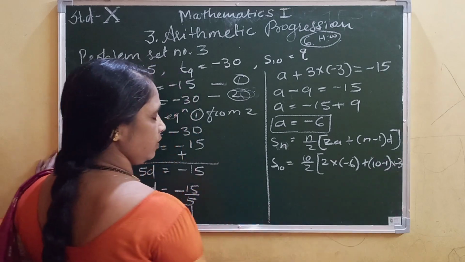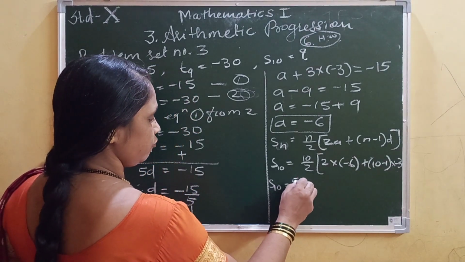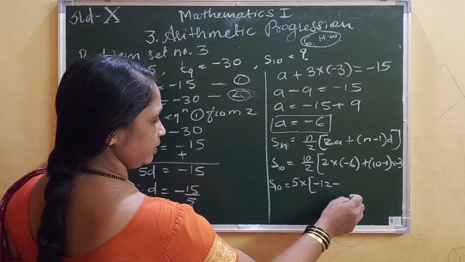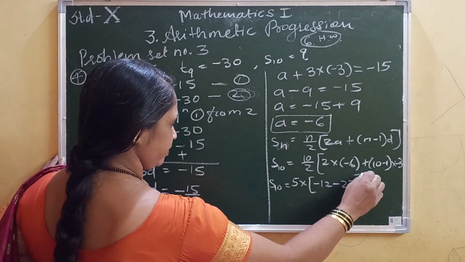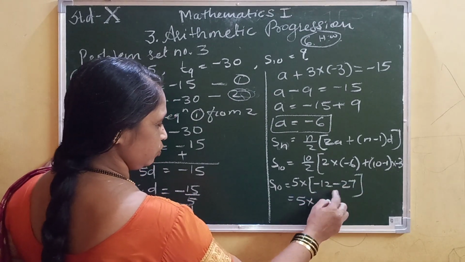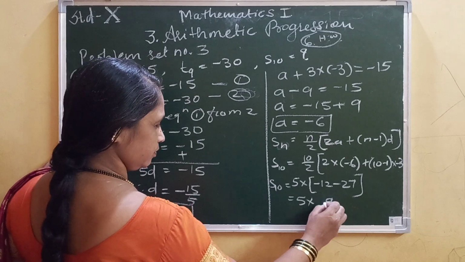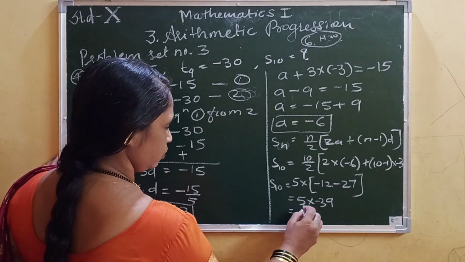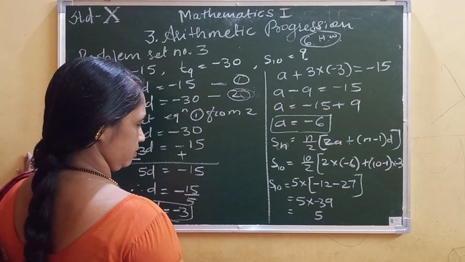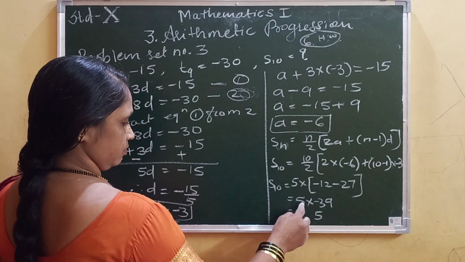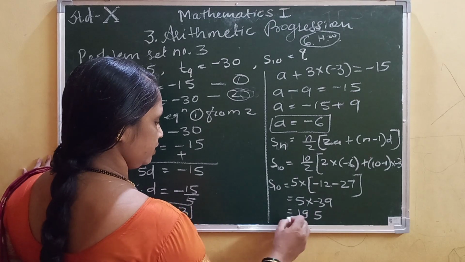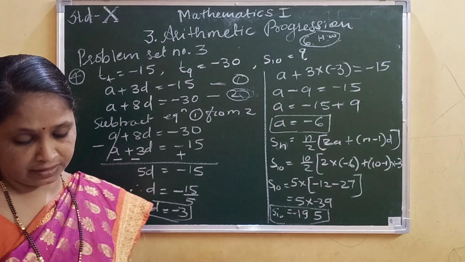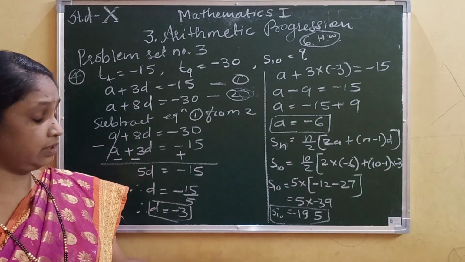So S10 is equal to 5 into minus 12 minus 27, so 5 into minus 39. So S10 is equal to minus 195. Okay, this we have got.